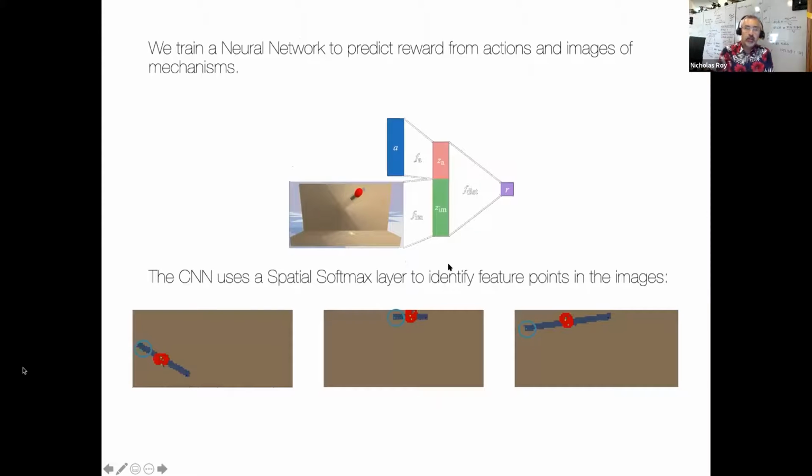Given no immediate information, we don't know how this particular environment, this particular scenario, is going to work, but we have some image information, and we can use that as a way to seed the prior of the Gaussian process. So we train a neural network to predict the reward, in terms of just the effect of the actions and images of the mechanisms. We can look inside the CNN to see that it's identifying key points of the images.